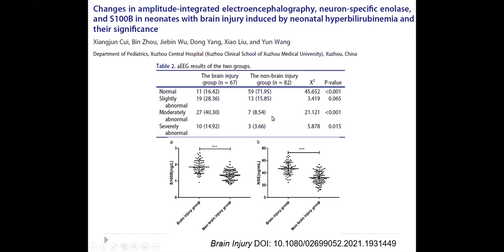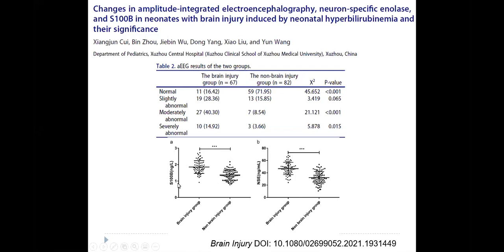It was very frequent, and I think the burst suppression pattern is the most frequent abnormal pattern in all the etiologies of neonatal encephalopathy. And you can see the difference in the normal pattern between no brain injury and brain injury. It was a significant difference.